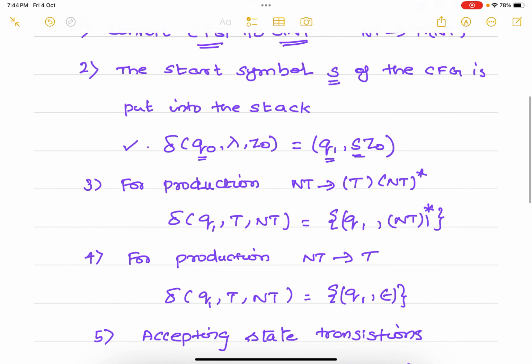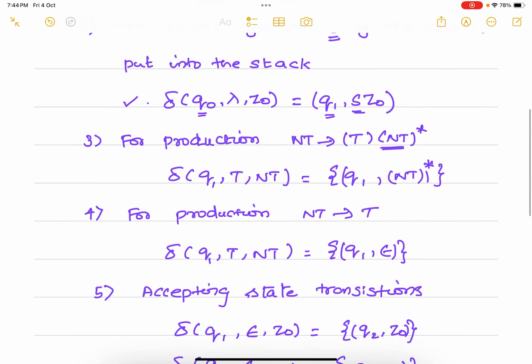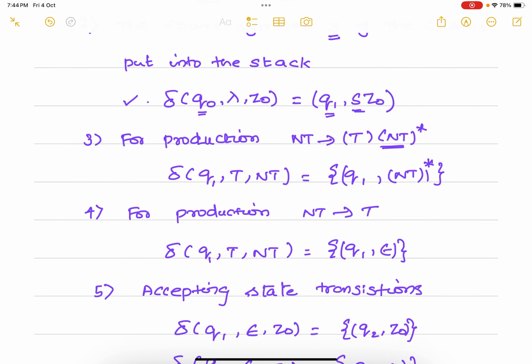Suppose you have a production of the form non-terminal going to terminal followed by more than one non-terminal. In that case, from Q1 this terminal symbol you have to add here, and this non-terminal symbol you have to add here.